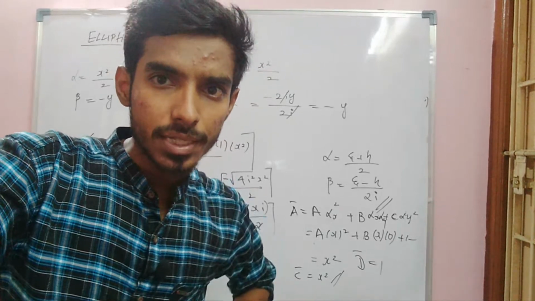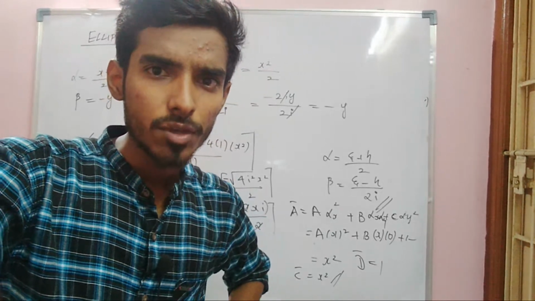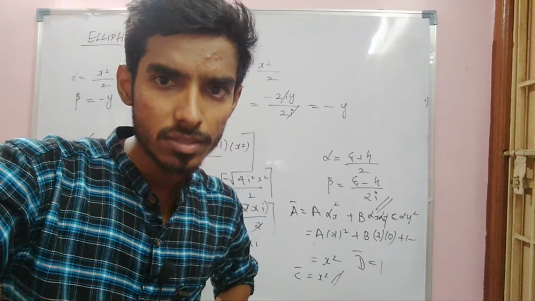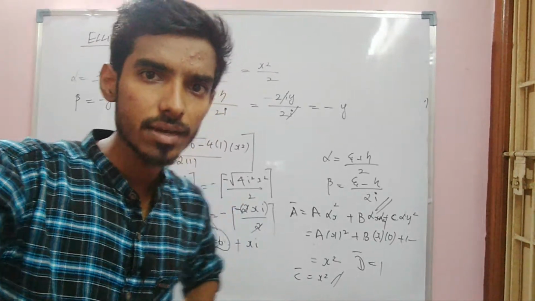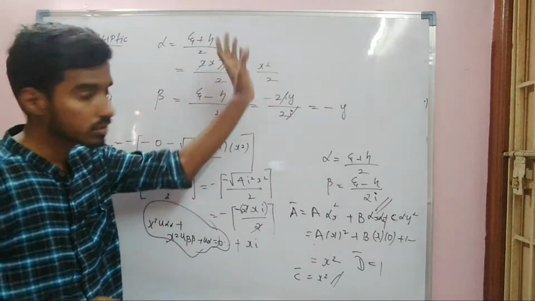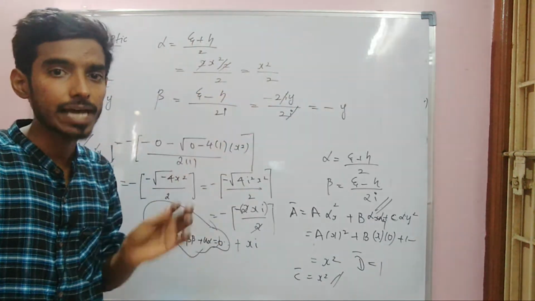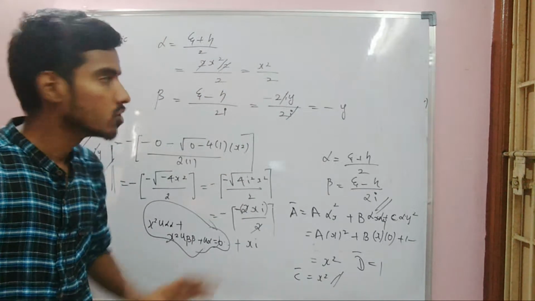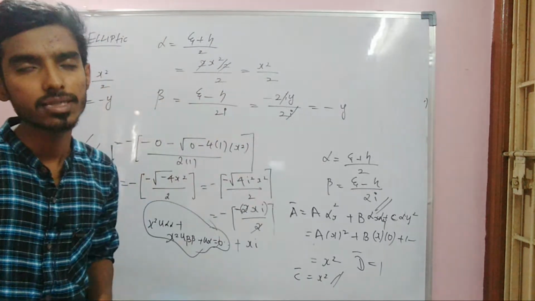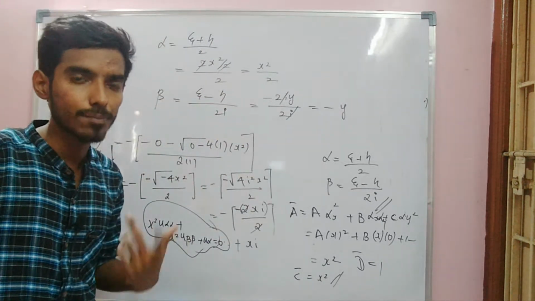Why we wrote theta x by theta y before, that's what I have said. Please also tell the format to write in the exam. So in the exam what they will give is reduce the equation to canonical form, or classify and reduce the equation. So first you just classify whether it is elliptic or hyperbolic or parabolic.